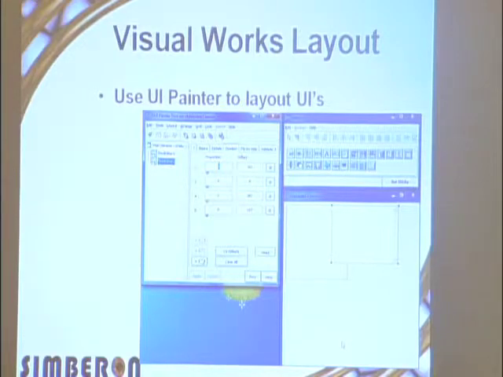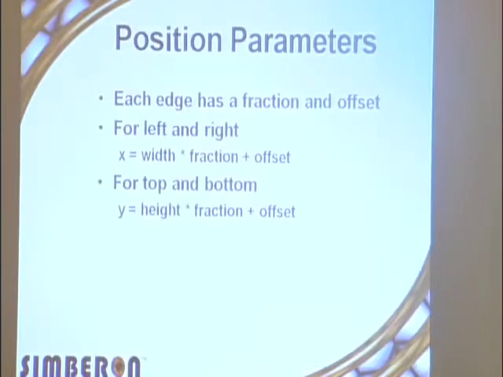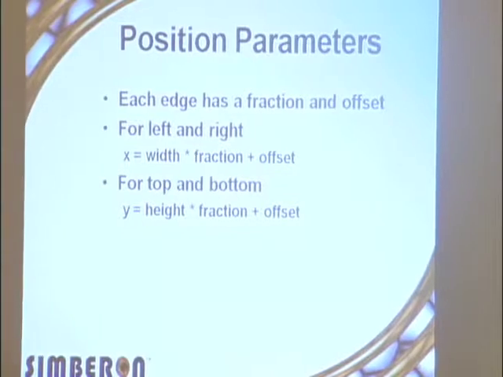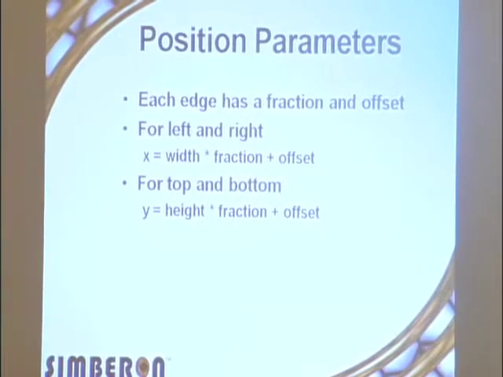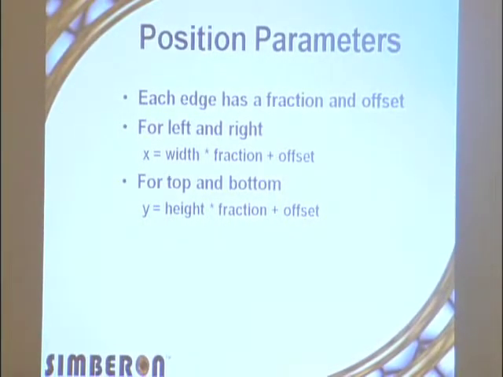And to do that, you have 8 positioning parameters that you normally play with. Therefore, the left, top, right, and bottom edges. And for each one of those, you have a fraction and an offset. So the idea is to calculate where this border is. You take the width of the window, if you're positioning left and right, multiply by the fraction, and add the offset.